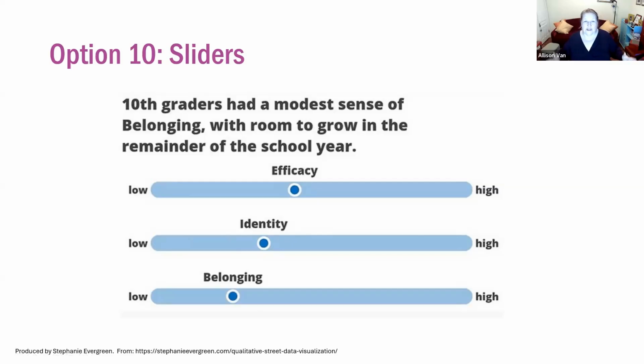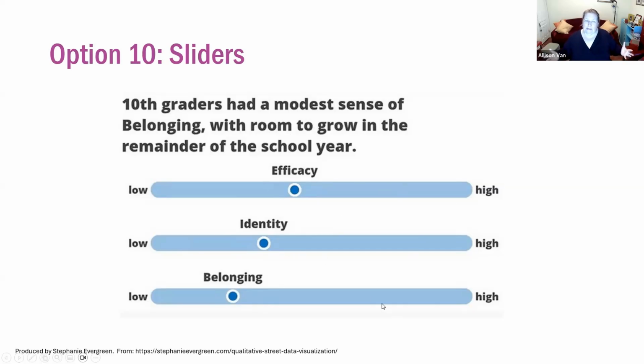You don't need to feature every piece of data. If what you want is for people to sort of at a glance have a sense of, okay, belonging is the lowest, this is what they're sort of highlighting, modest sense of belonging. And you can see, okay, yeah, there's slightly better with identity, there's better with efficacy, but none of them are particularly high.